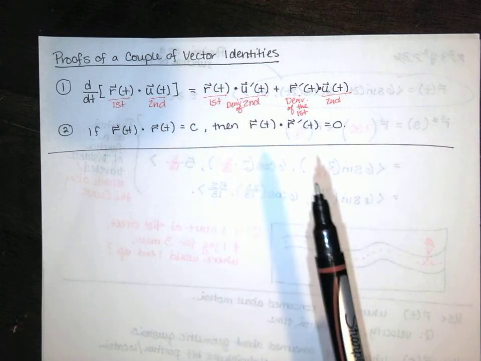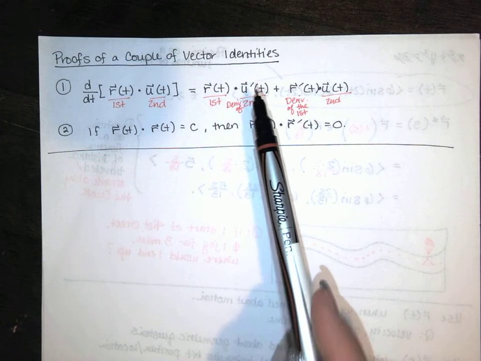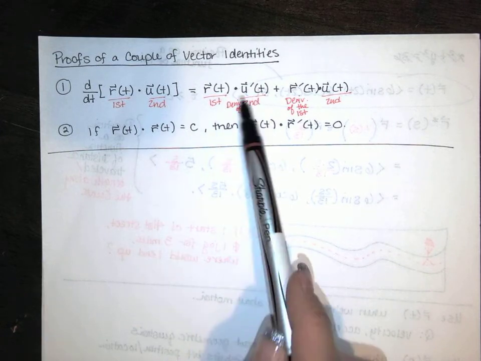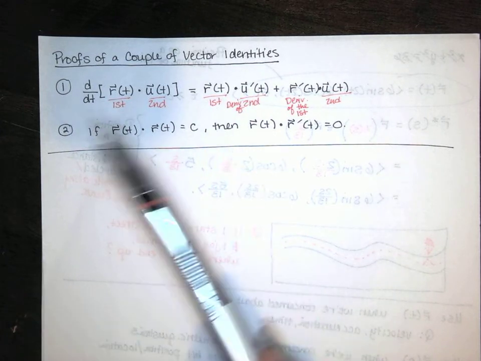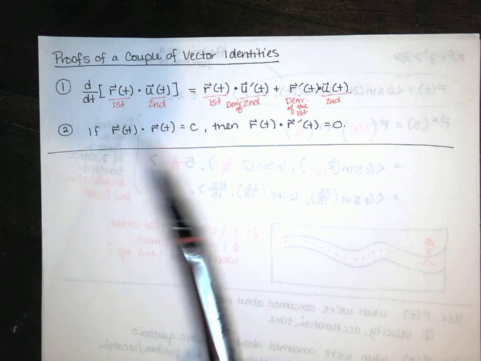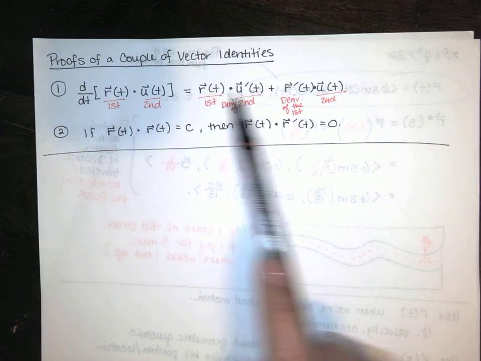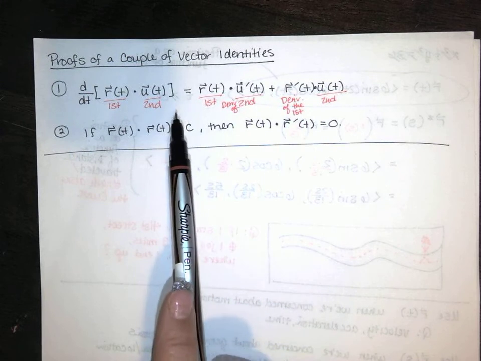And remember, dot product is commutative, so r dotted with u prime is the same as u prime dotted with r. We're going to multiply components and add, so we can multiply in any order we want. So u dot v is the same as v dot u. So with that in mind, this is just an extension of the product rule.